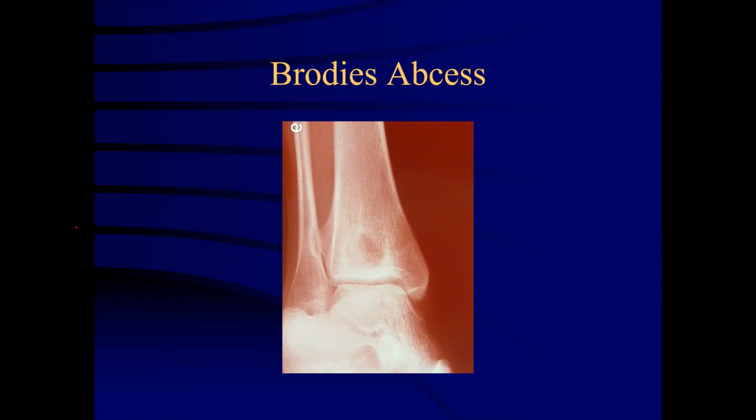This occurs when the organism is not very virulent, like Strep viridans, and it appears as a zone of sclerosis, and the differential diagnosis can be an osteoblastoma.